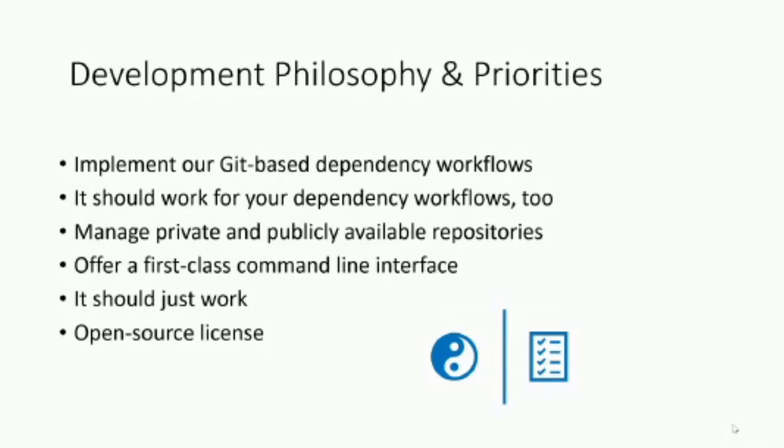Again, in laying out the problem, Ethan made the distinction between these open source, publicly available dependency repos and what you would typically keep internal or private. We want to have one workflow to rule them all.